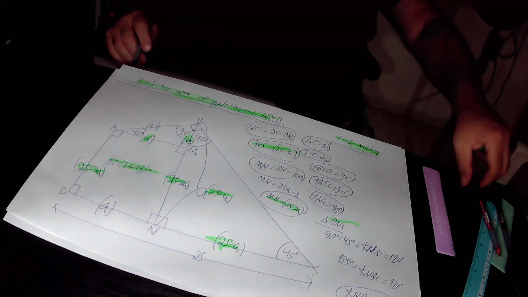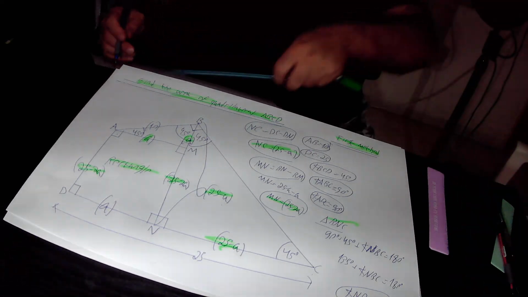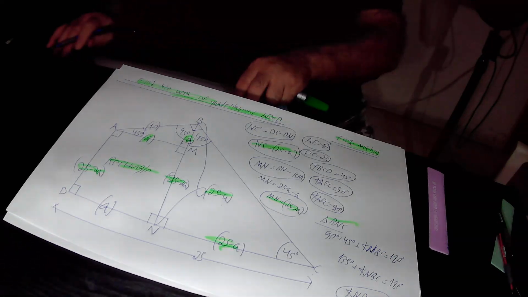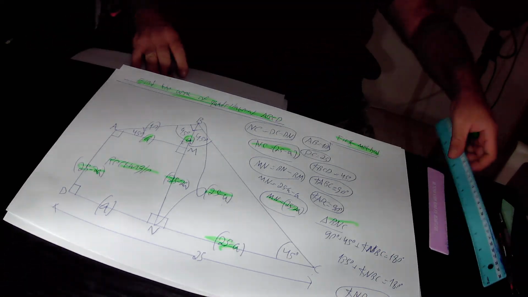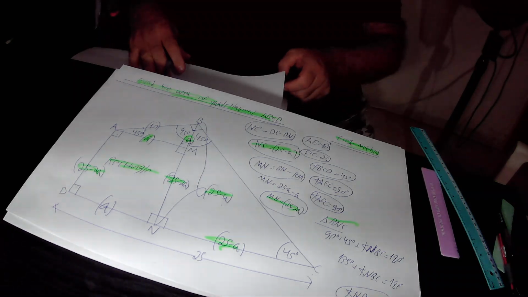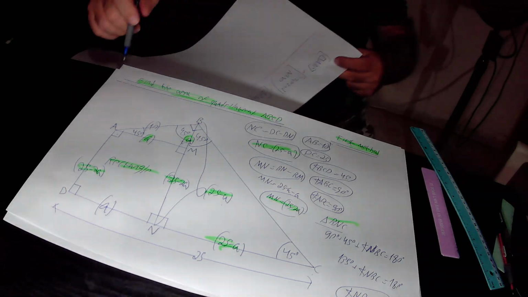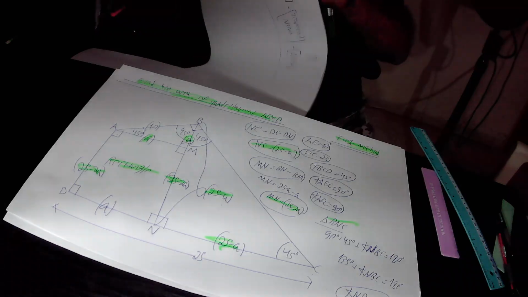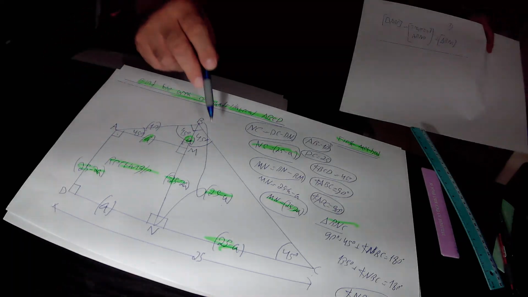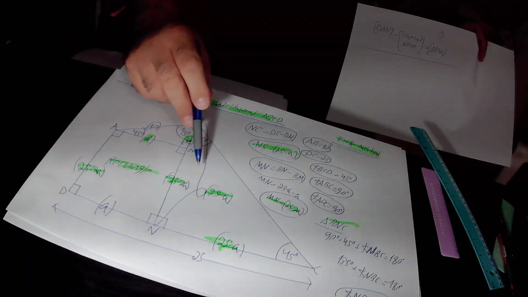Repeat again. The area of quadrilateral ABCD equals the area of this trapezoid ABND plus the area of this right triangle, triangle BNC.